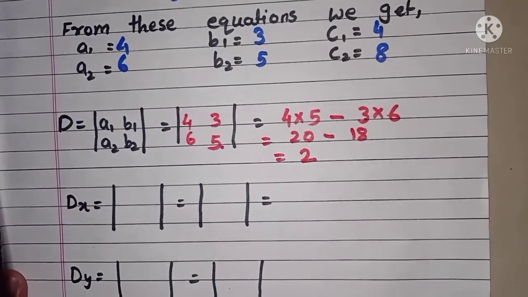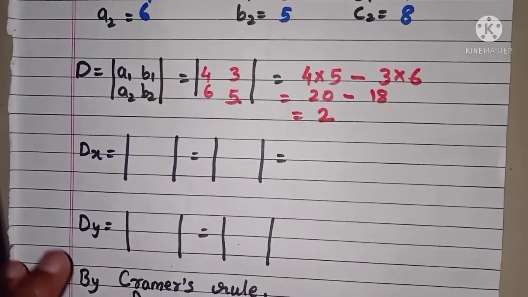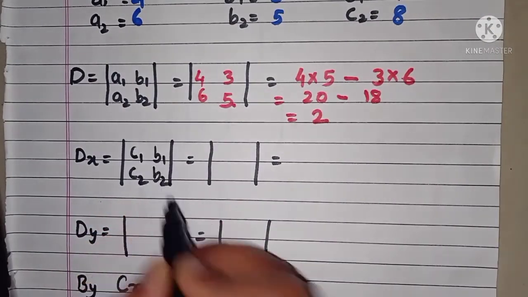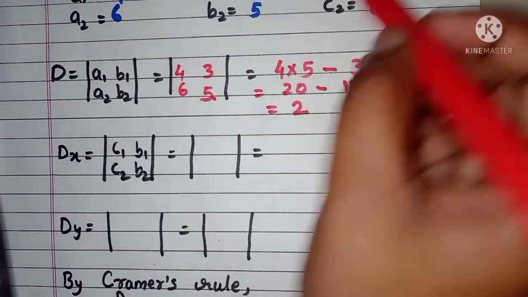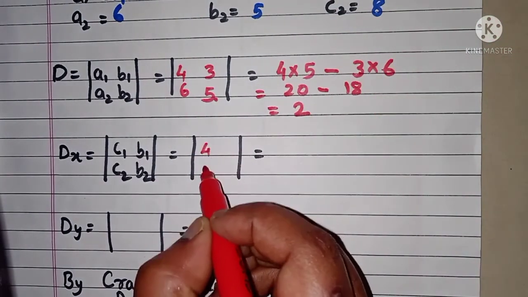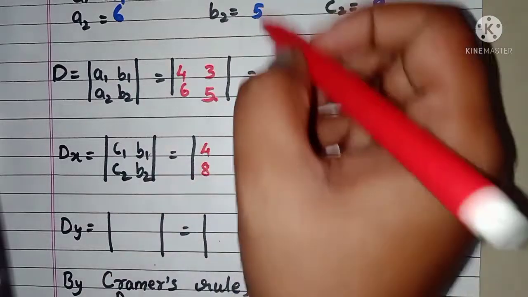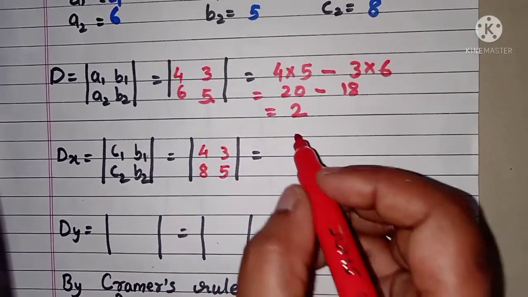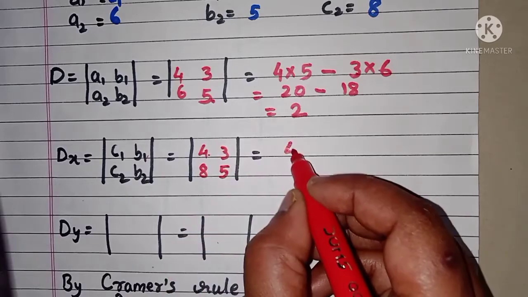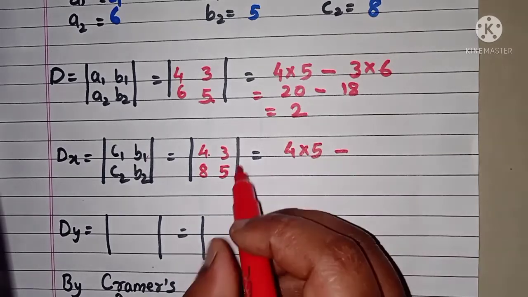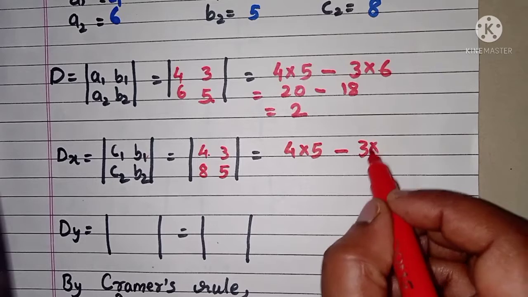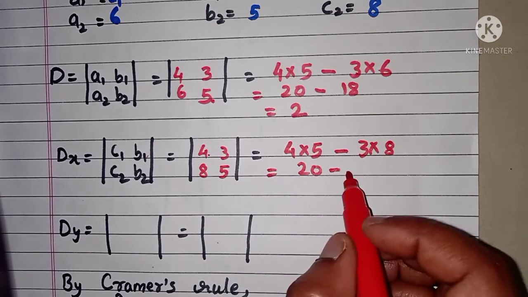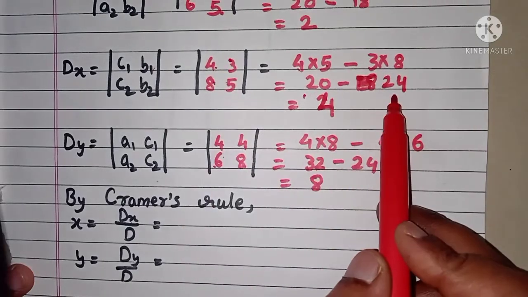Okay. Now we will continue to dx. Substitute the values c1 c2, that is 4 8, and b1 b2, that is 3 5. 4 5s are 20 minus 3 8s are 24.